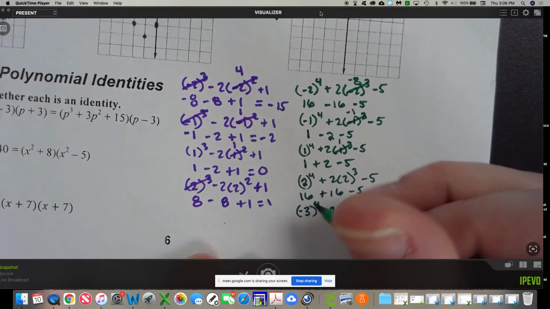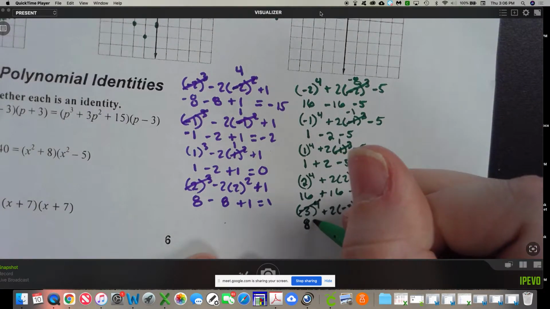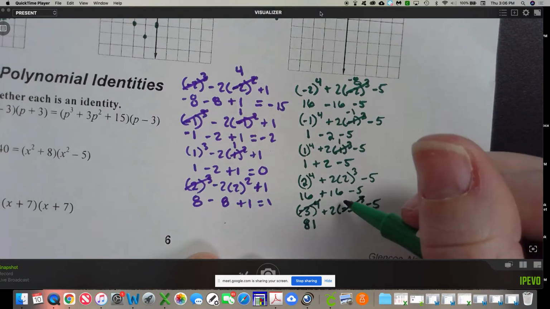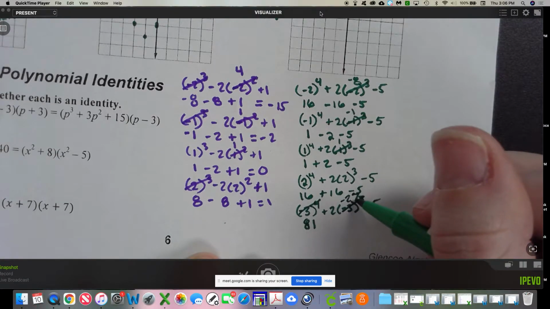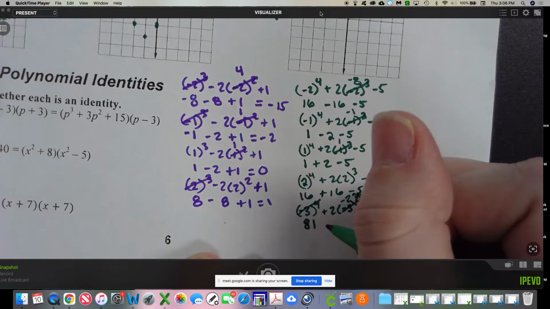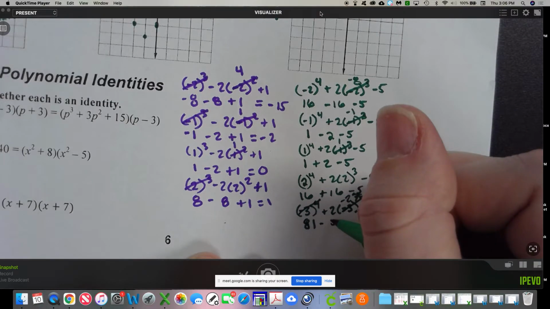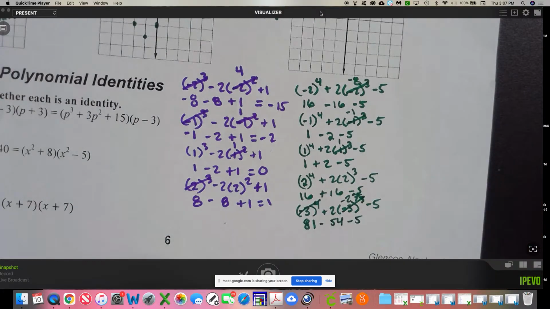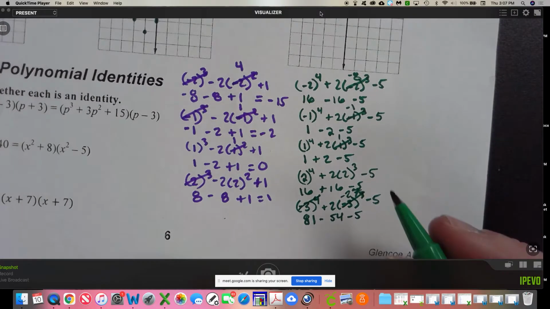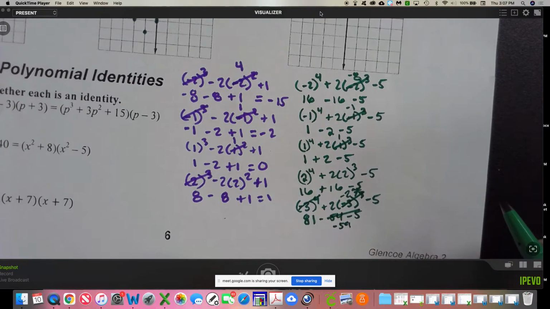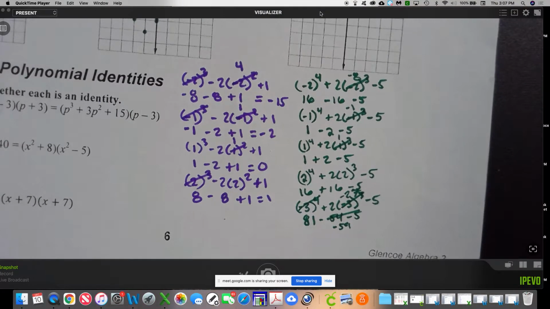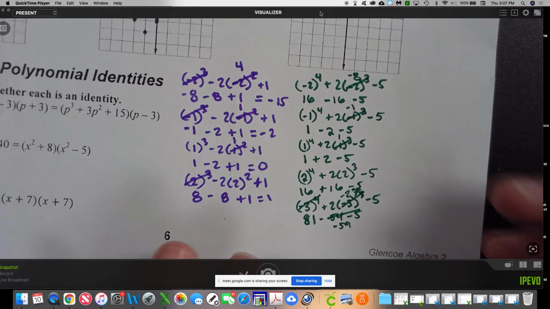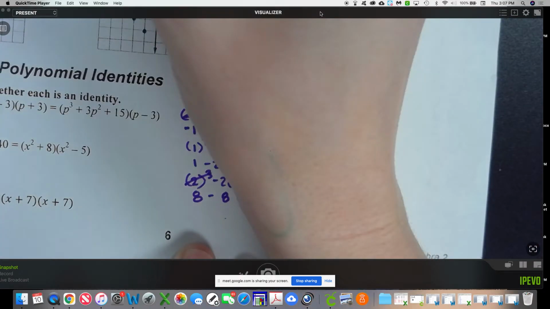Gross. -3 to the 3rd power is -27. 2 times -27 is -54, minus 5. 81 minus 59 is 22. So -3 is at 22, all the way up here at the top.